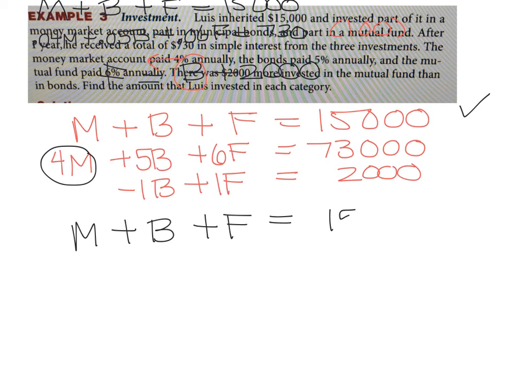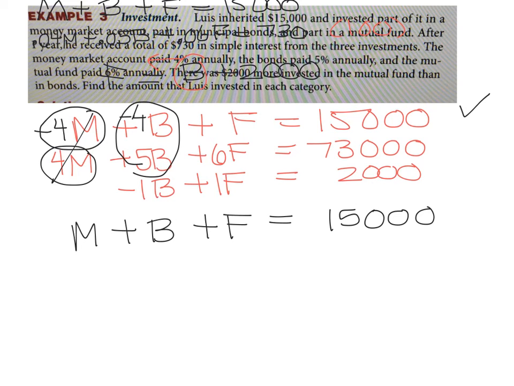I'm not going to change the way my row 1 looks in the system. I'm only going to change it when I add it to row 2. So I'm going to take negative 4 times m plus 4m, and that's going to eliminate the 4m from row 2. Negative 4 times b plus 5b is going to give me 1b.